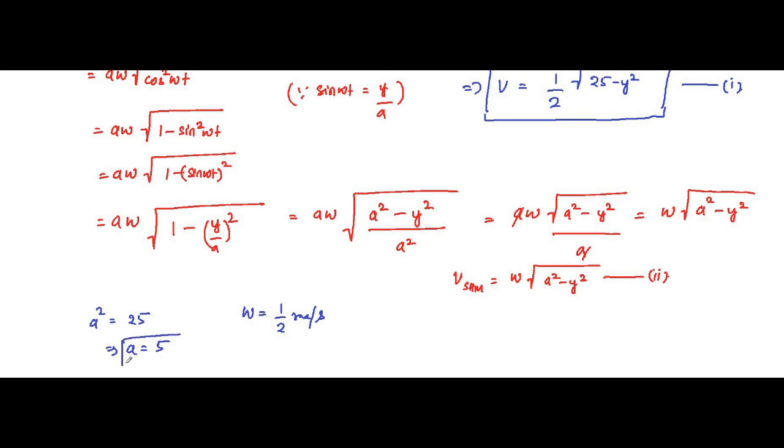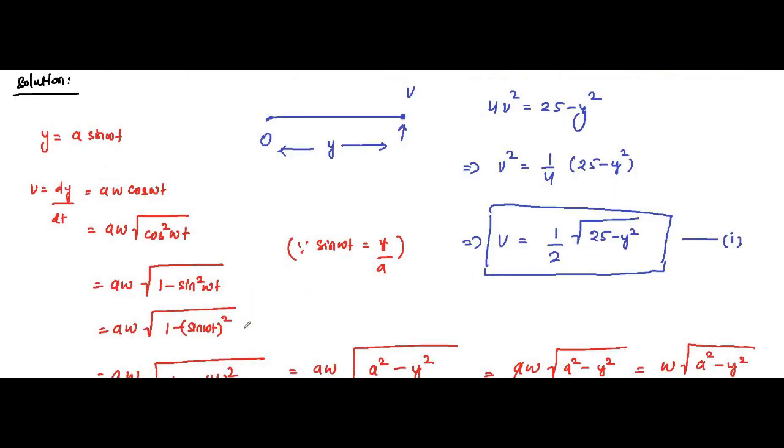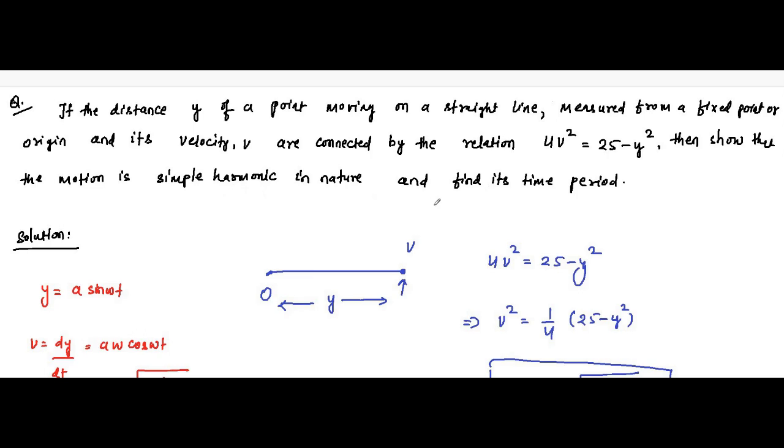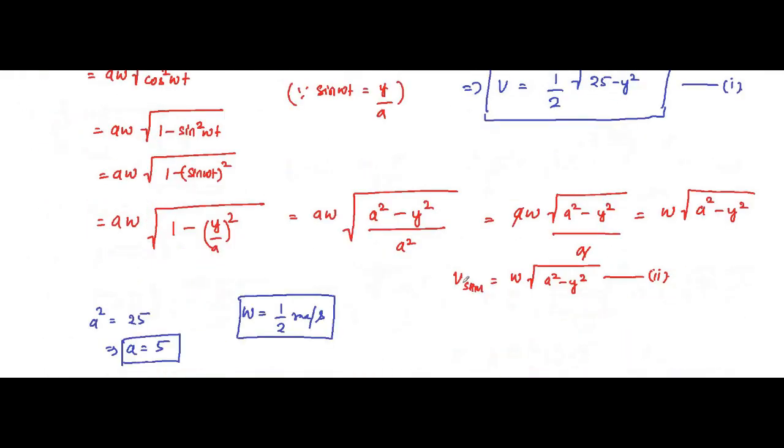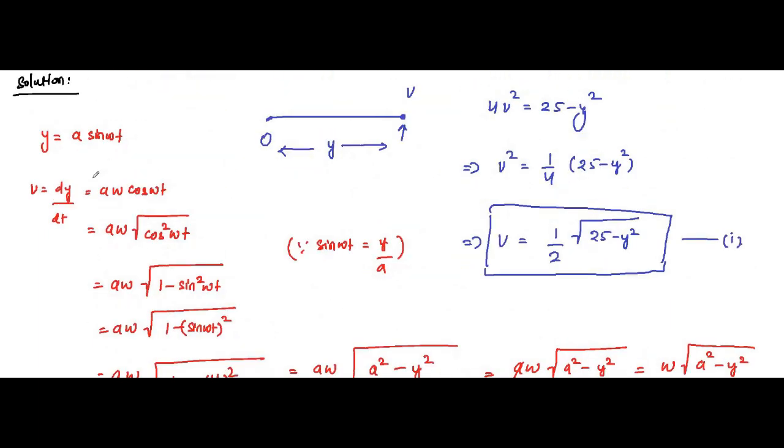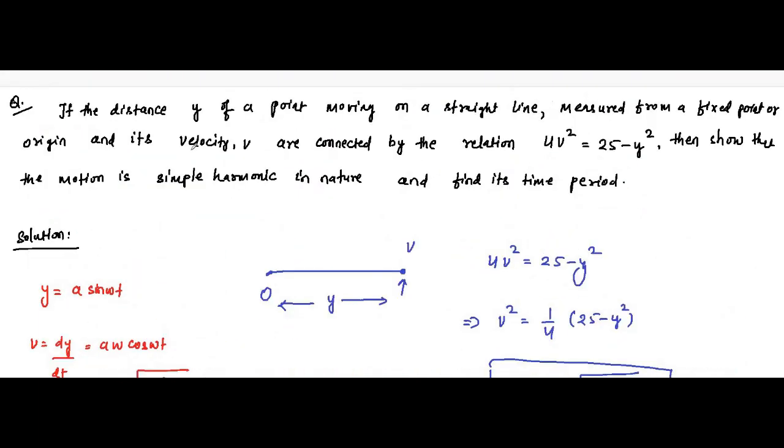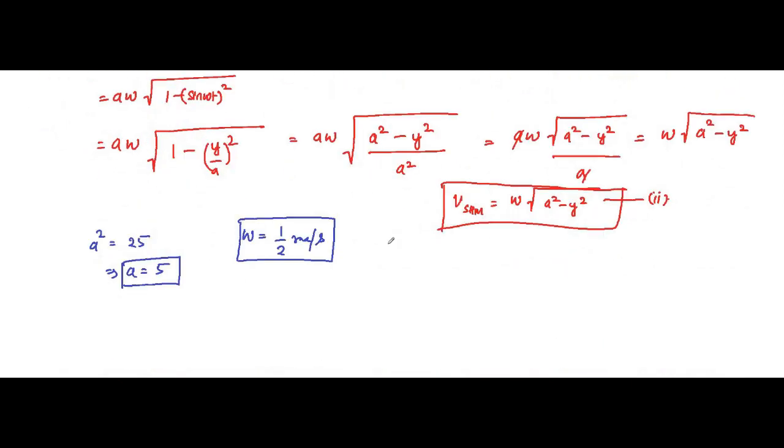Now we have to find the time period and prove that it is simple harmonic. We have already proved it. This is the SHM velocity, which is in the same form. So this motion of the point measured from the origin is also simple harmonic in nature, with amplitude 5 units and angular frequency 1 by 2 radians per second.